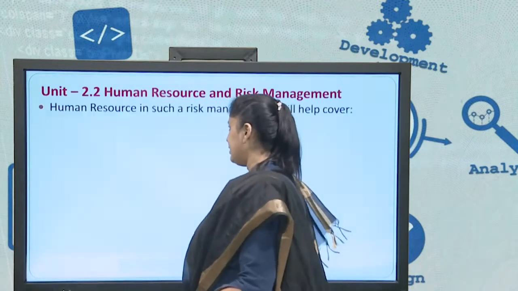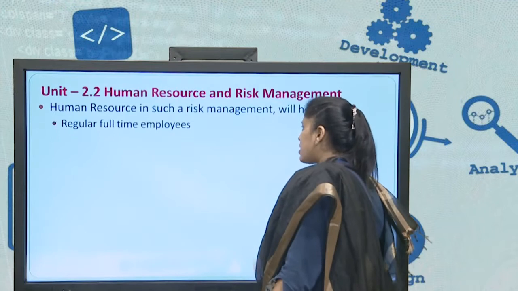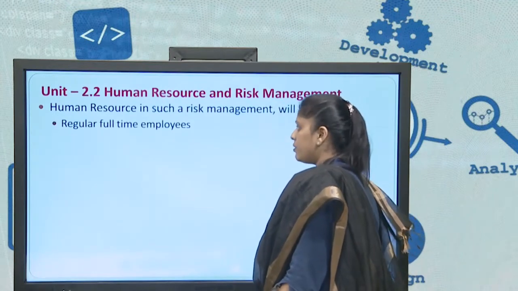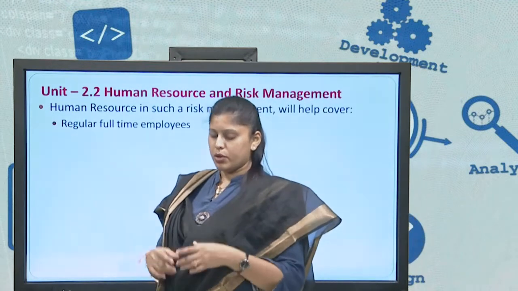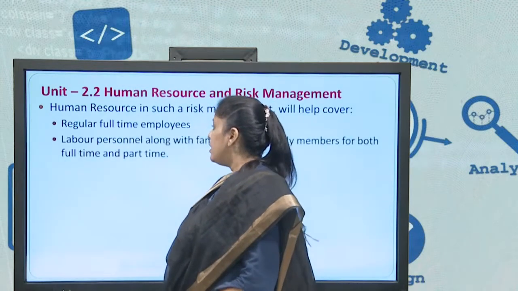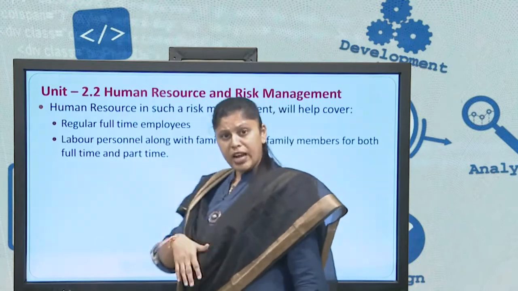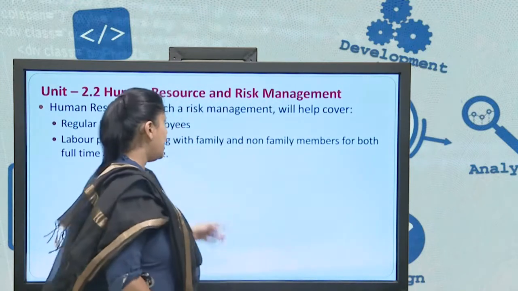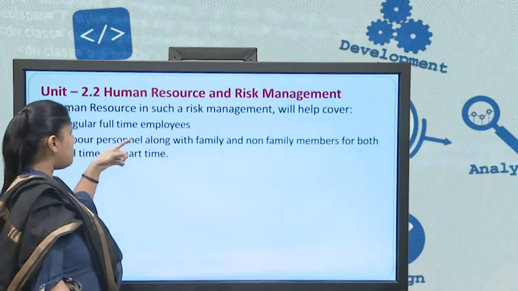It says that human resource in such a risk management will help cover how many types of employees? Regular full-time employees, labor personnel with and without their family, alright, both the members, full-time and part-time.